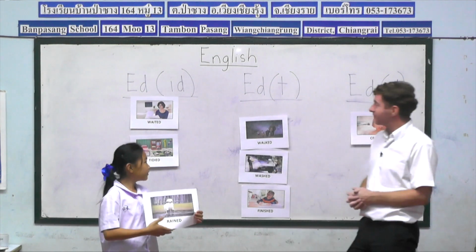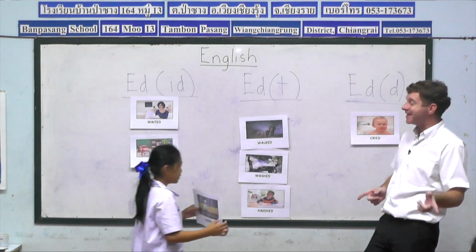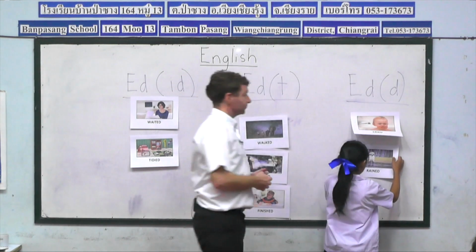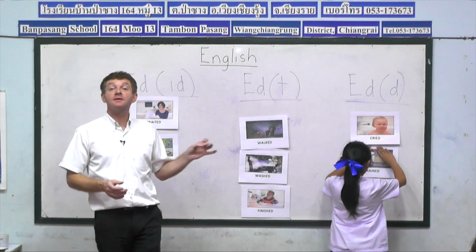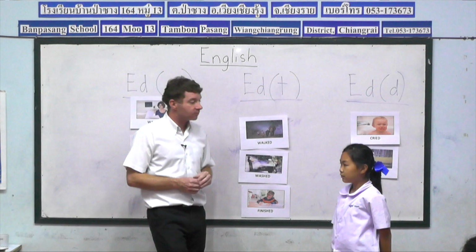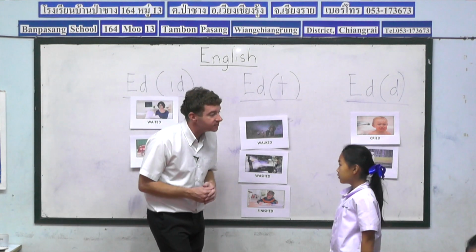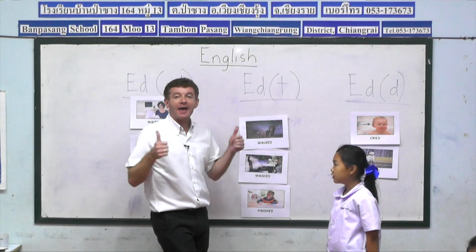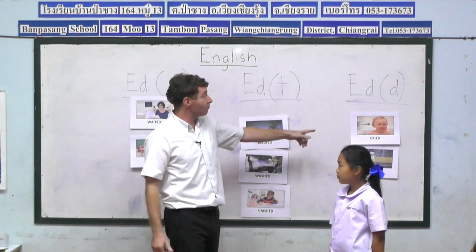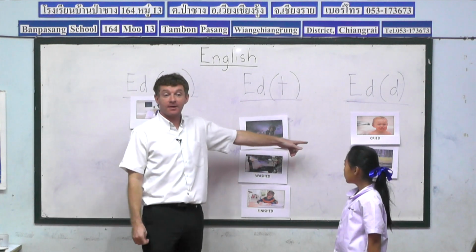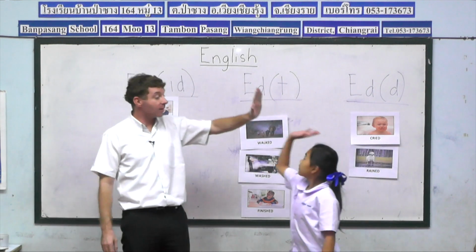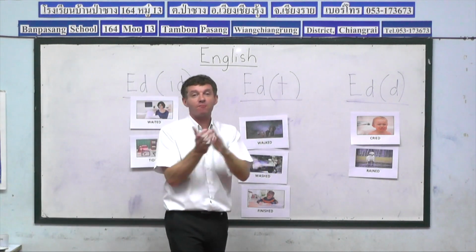The final sound pronounced as D. So we can say rained. Can you say one more time? Rained. Excellent. And all together, guys, rained. Excellent, Nadia. That was brilliant. High five for Nadia and a round of applause.